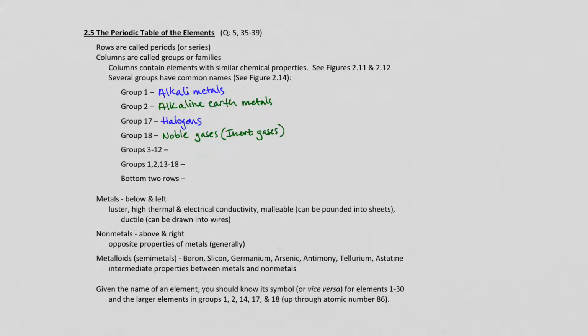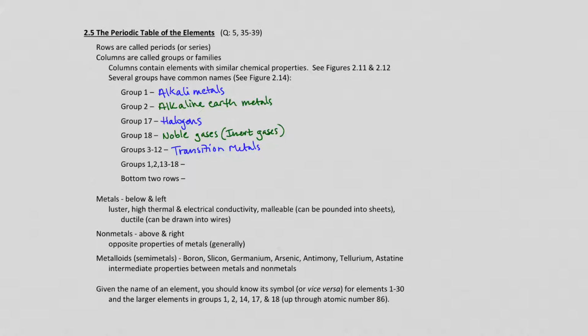Okay, so a couple other names that you should know. Groups 3 through 12 are called the transition metals. Groups 1 and 2, 13 through 18, we're actually going to skip this one real quick.